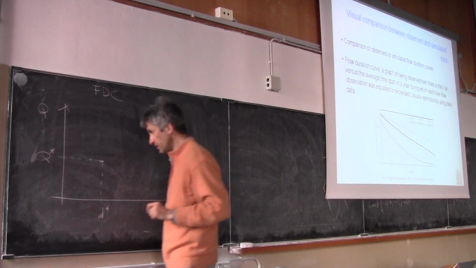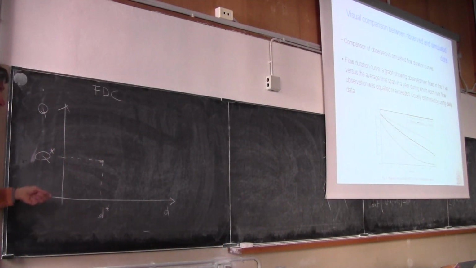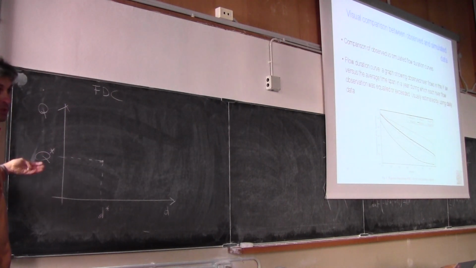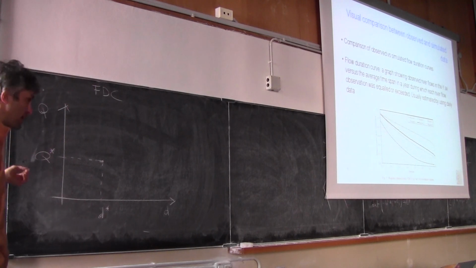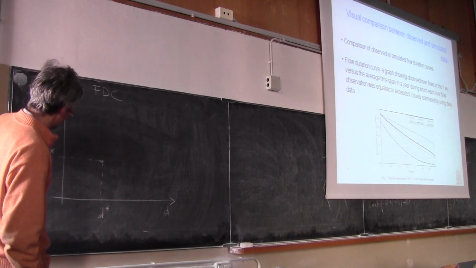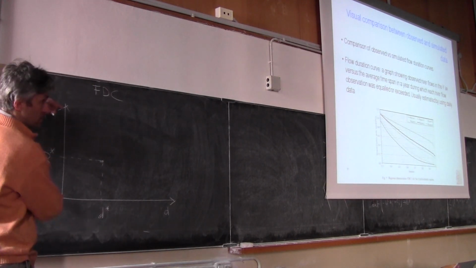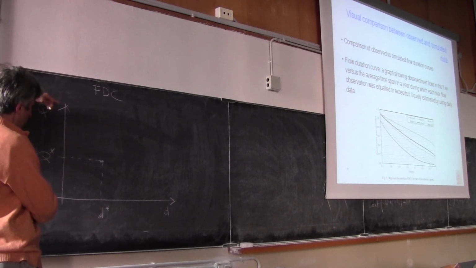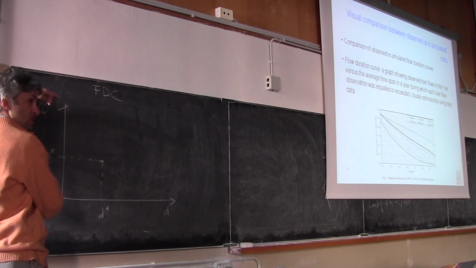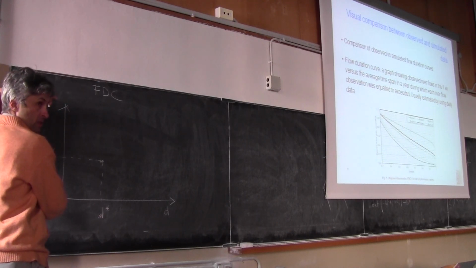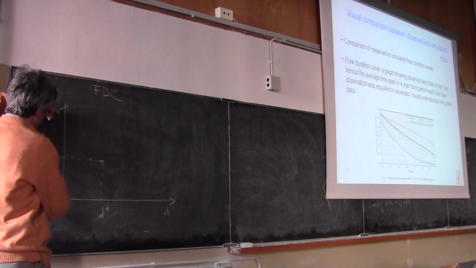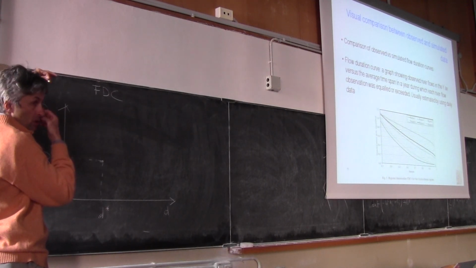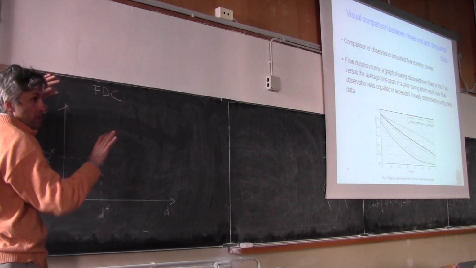Now, this graph can be drawn for many values of river flow, of course. You can draw this graph within the limit 0, of course, no water in the river, and the upper limit is the maximum expected river discharge, which is not defined because there is no maximum for the river flow.